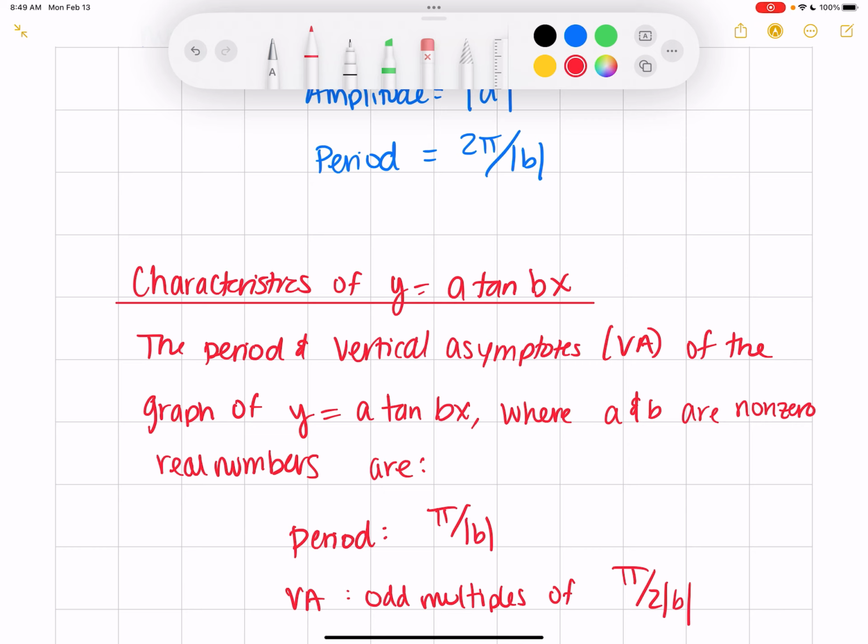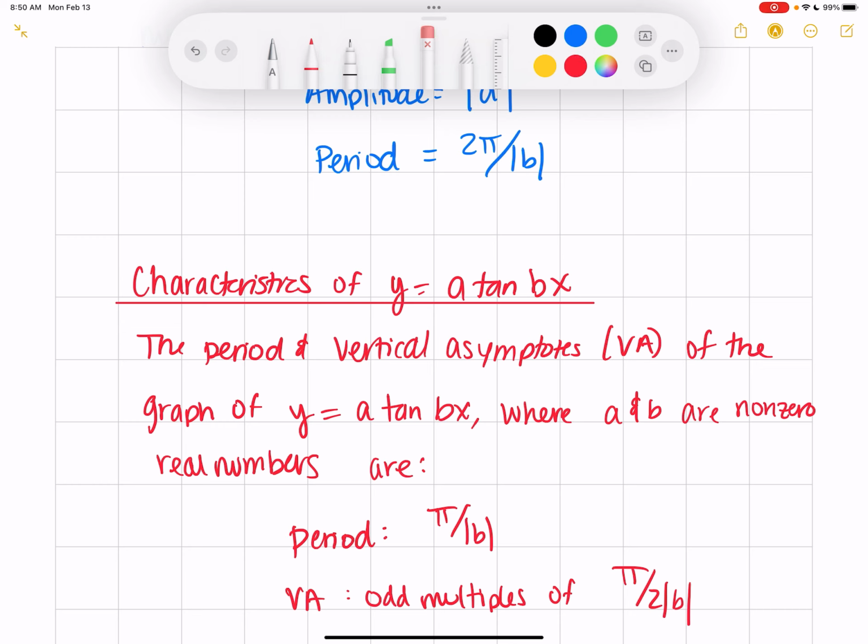So pi over 2 absolute value of b. So that's like if you had, say it ended up being pi over 4, it would be at 1 pi over 4, 3 pi over 4, 5 pi over 4. That's what it means by odd multiples. It's like the odd number on the top.